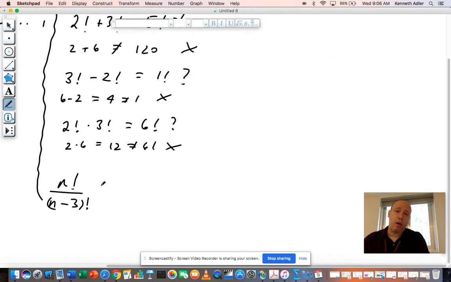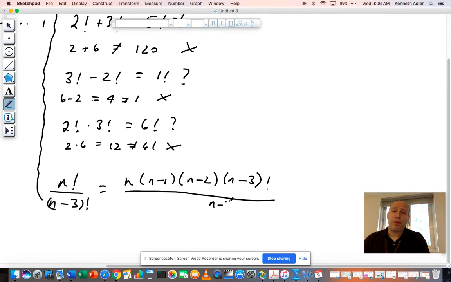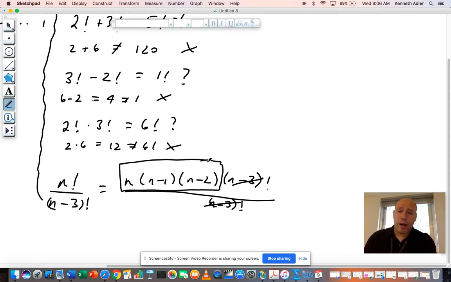Well, we can write it out: n times n minus 1 times n minus 2 times n minus 3 factorial over n minus 3 factorial. These go out. We're left with this polynomial. It's a cubic. We're going to leave it factored because we're going to need it factored, right?